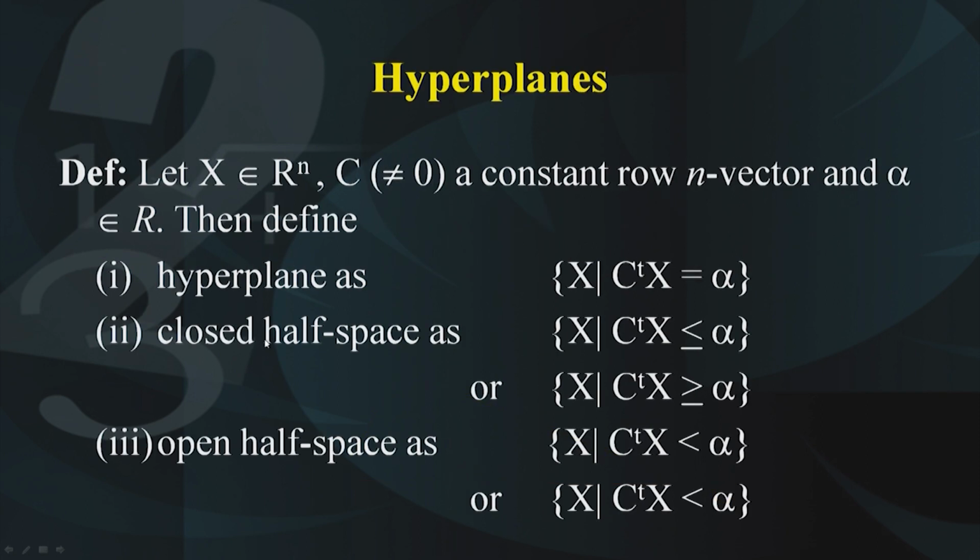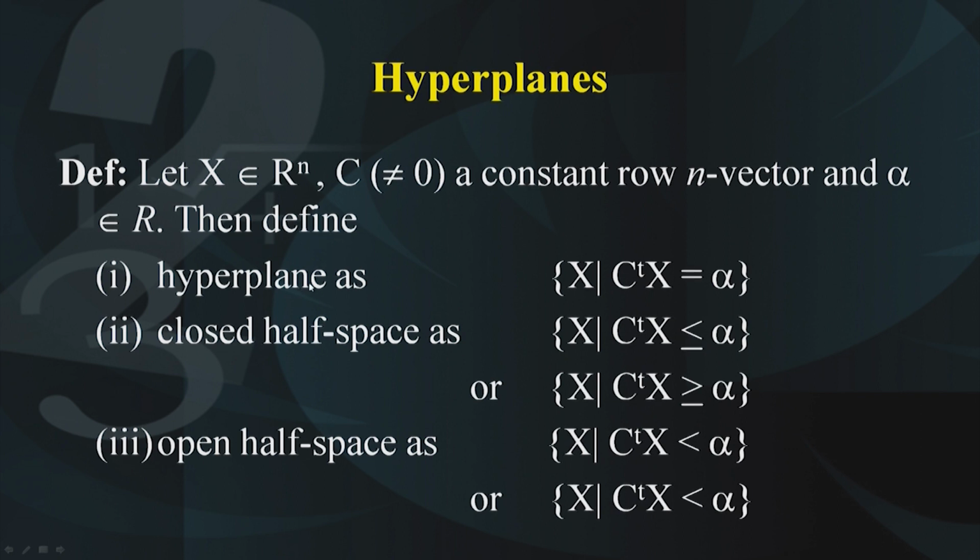Now, let us look at another definition. This definition is about a hyperplane. It is defined as follows: let x belong to Rn and let C be a constant row vector that is not equal to 0. So, C is a non-zero constant n-vector and alpha is a real number.